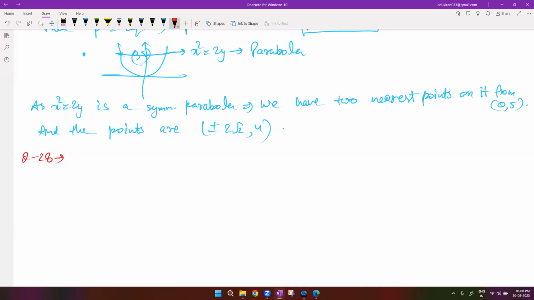But let me use the... Okay, so let's say this is the function fx, which is 1 minus x plus x square divided by 1 plus x square. Now we want to find out the minimum value of this, correct?